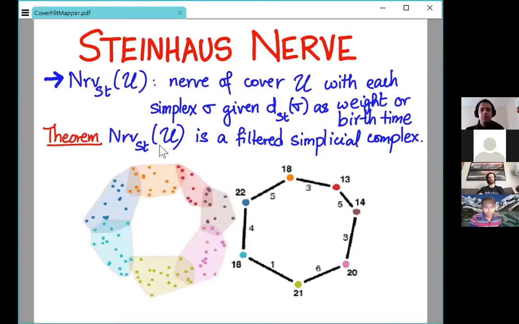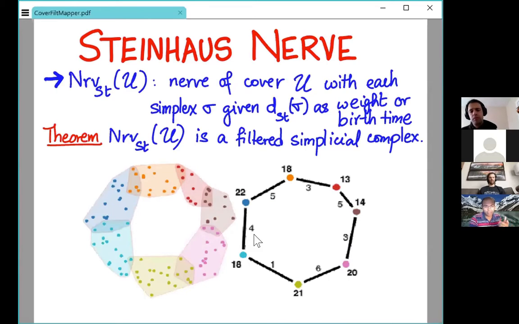So going back to the example that I illustrated, for instance, if I look at the cyan and the blue cover elements, I have put in the sizes here, the number of points: 22 here, 18 here, and 4 in the intersection. So the size of the intersection, 4, over the union, which will be 22 plus 18, 40, minus 4, double counting the intersection.